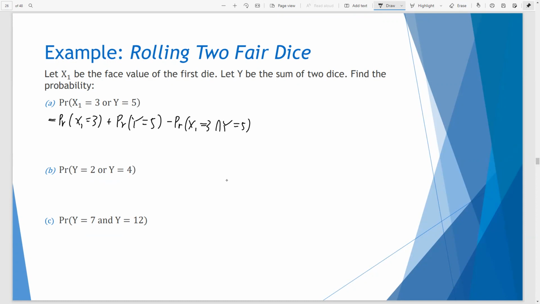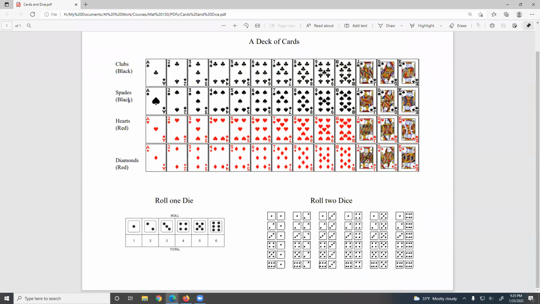Since the first die is 3, that's very clear, those 6 outcomes: 3,1, 3,2, 3,3, 3,4, 3,5, and 3,6.